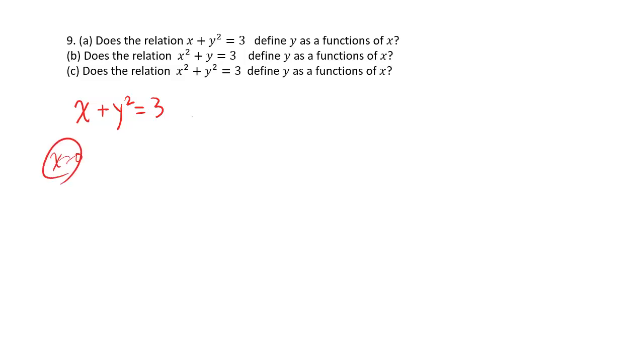Okay, let's see what y is. If I plug in 0, 0 plus y squared equals 3, y squared is equal to 3, and you take the square root of both sides. Remember, whenever you take the square root, you need plus or minus square root of 3. So for this single input x equal to 0, what did you get? You get 2 outputs. In that case, that's invalid.